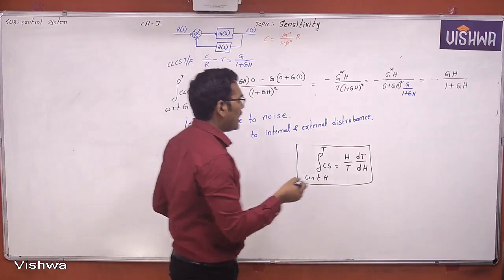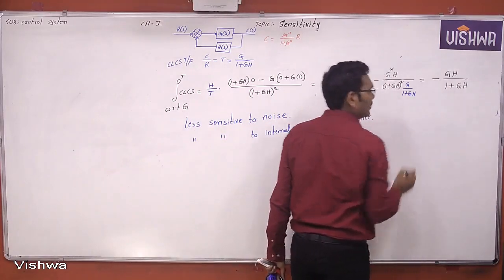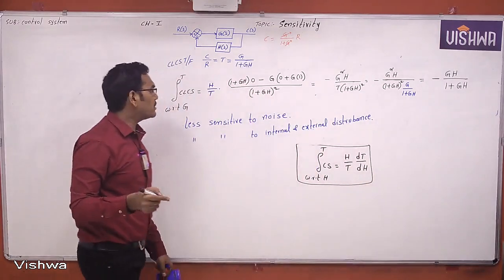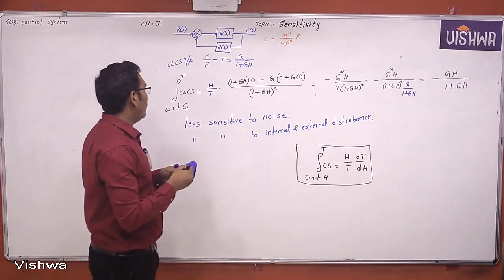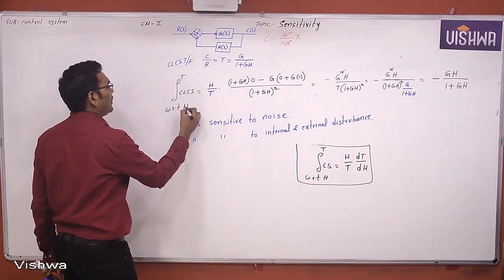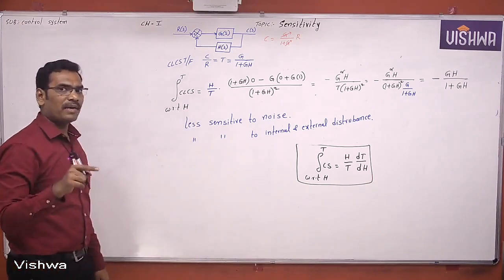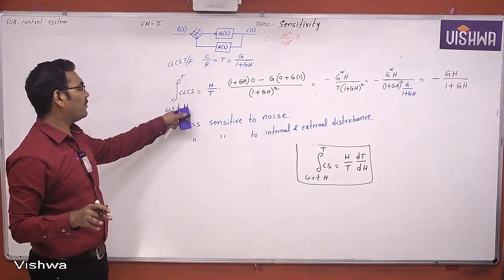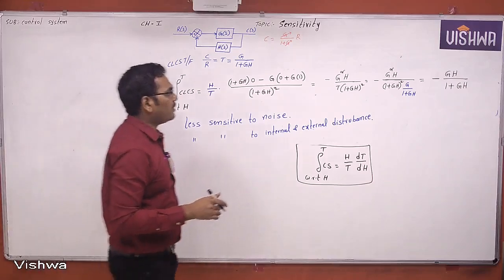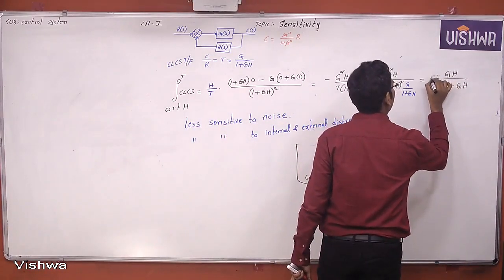Now you see the answer is not 0. It is negative, less than 0. It means the sensitivity of the closed loop control system with respect to forward path gain is less, but with respect to feedback path gain it is very less. This is negative. See here, the answer is negative.